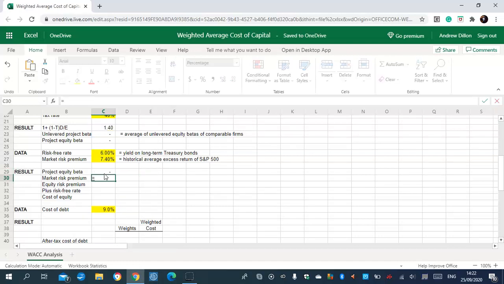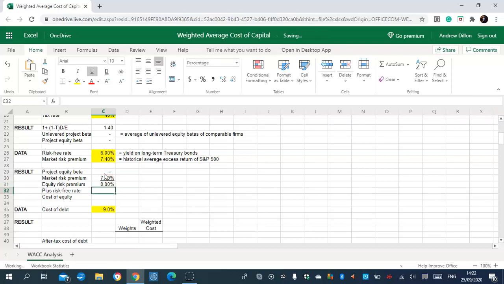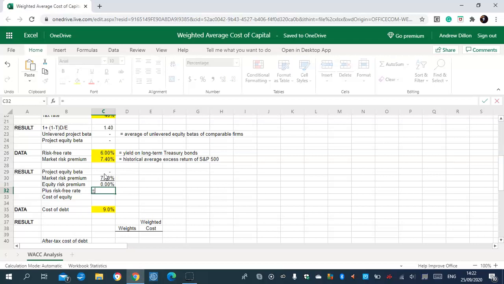Market risk premium. Equity risk premium. Plus risk-free rate equals to C6, which is here in the data section, 6%.